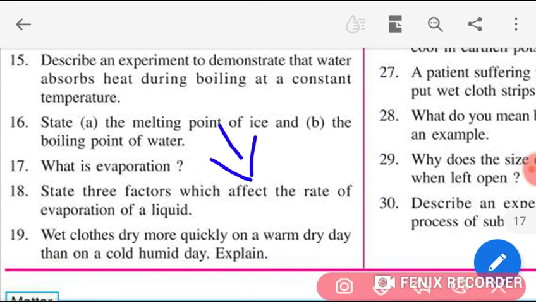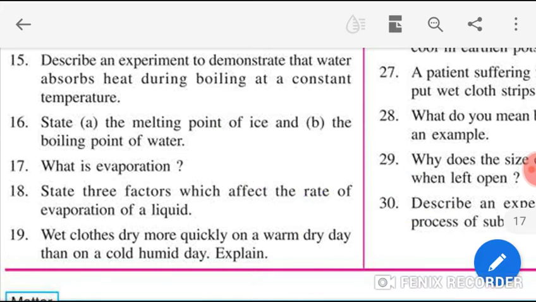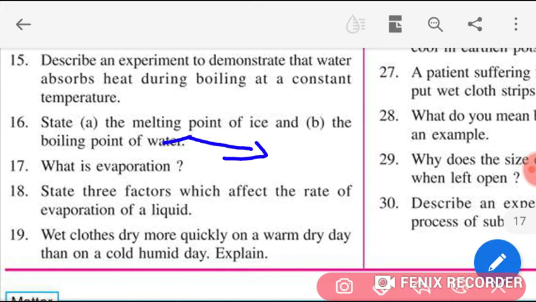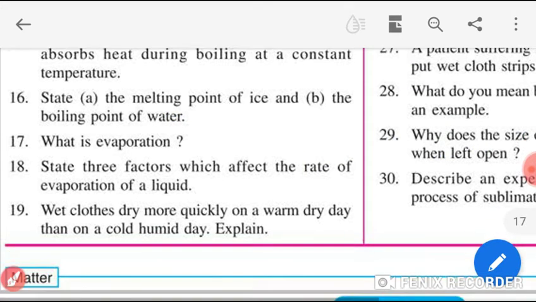The melting point of ice is 0 degrees Celsius. Then second, the boiling point of water, write, students, 100 degrees Celsius. Now come to question number 17.